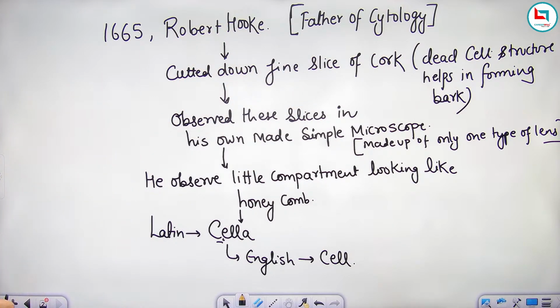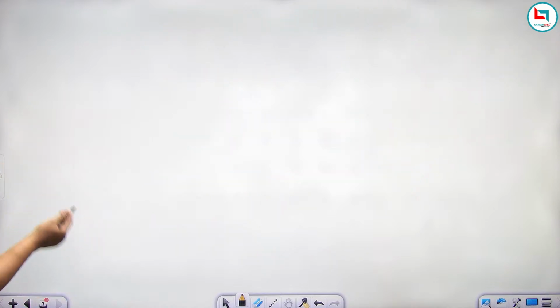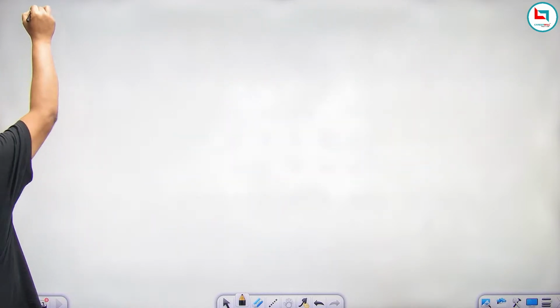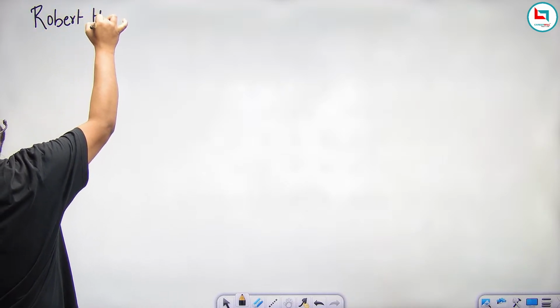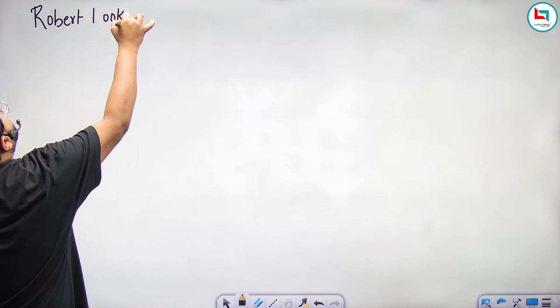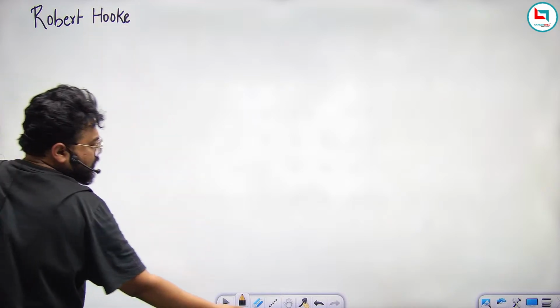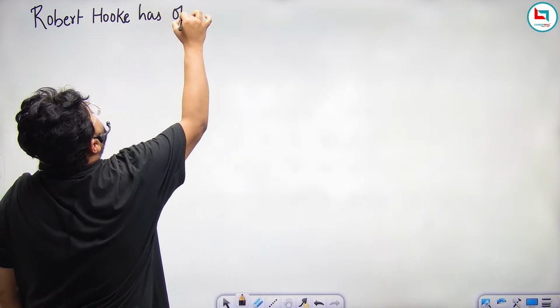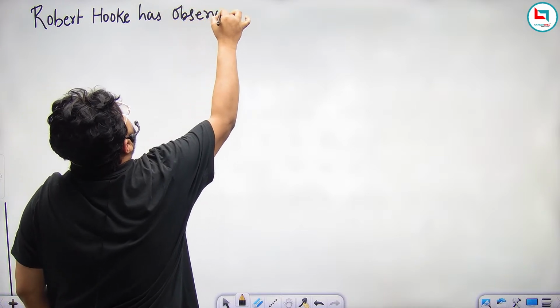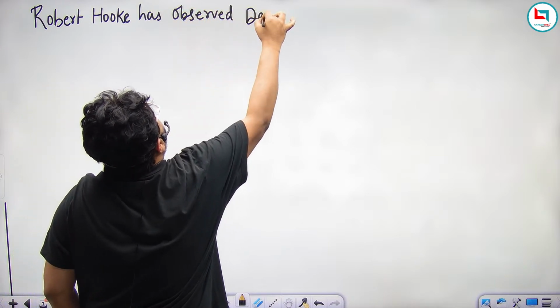Next thing is, the problem with Robert Hooke's discovery was that Robert Hooke observed dead cells.